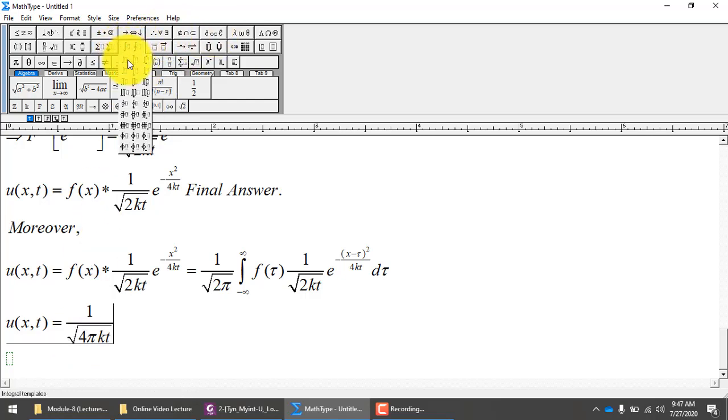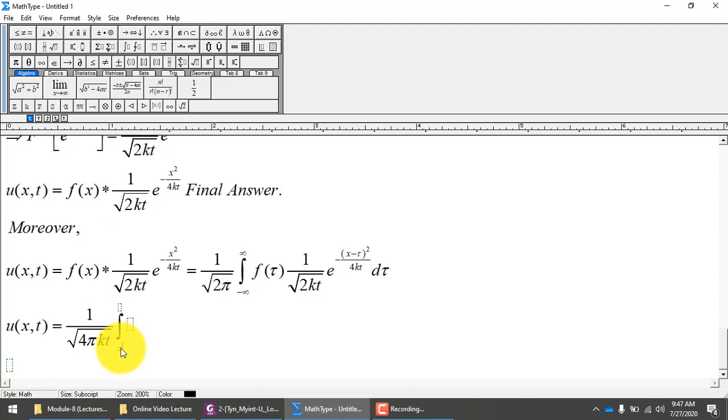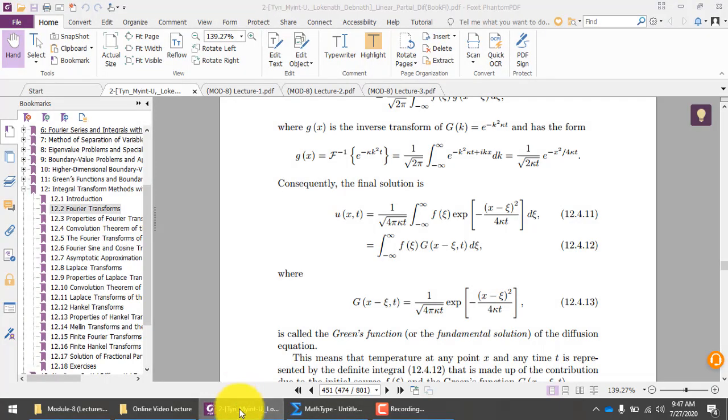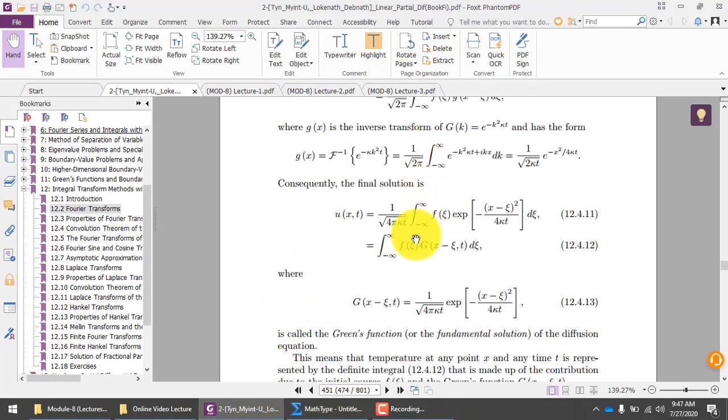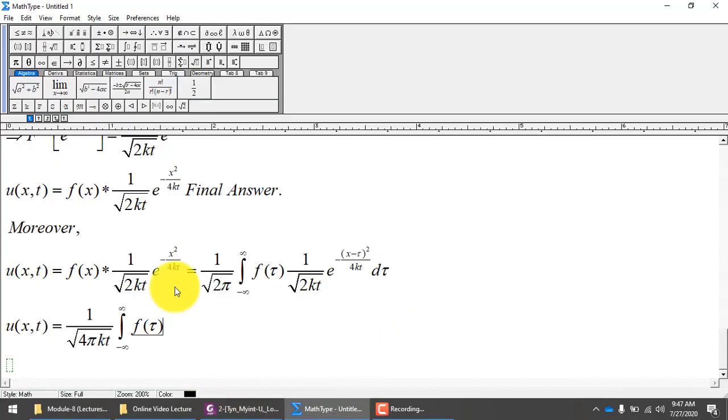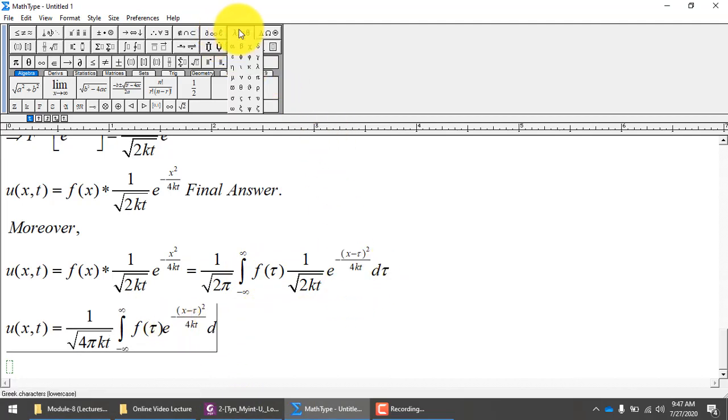And the integral from minus infinity to infinity, where the integrand is similar: f of tau. In the book the notation is not tau, the notation is f of xi. No problem, you can use that also, and e to the power minus that thing, d tau. So this is the next answer.